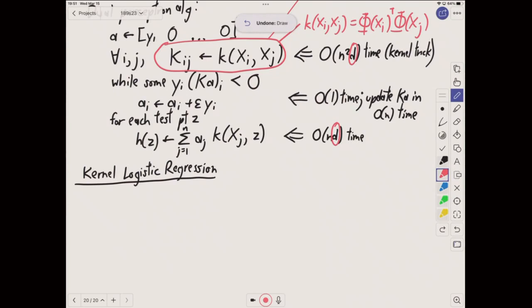Now, there are some other differences, like, for instance, the perceptron algorithm only looks at misclassified points. The logistic regression algorithm looks at all the points when you do stochastic gradient descent. So just remember that logistic regression is going to process all of the points in a stochastic sort of random order.